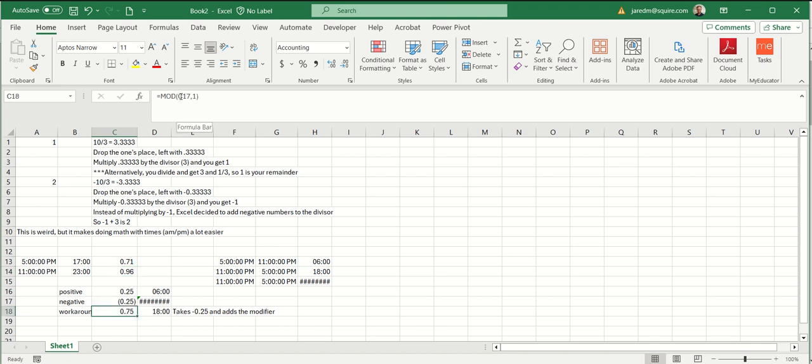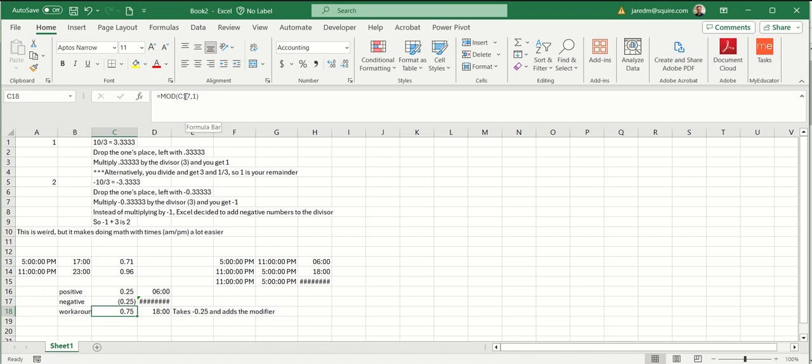So what this is doing is it's saying, take that negative number, so basically this 0.71 minus this 0.96, mod 1, and it's going to yield a number that I then add the modifier to. So it's going to give me my negative 0.25, and it's going to add 1 to it. Anytime you divide by 1, you get the same answer.